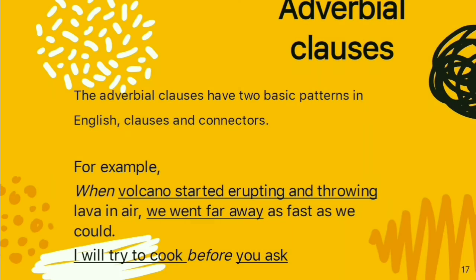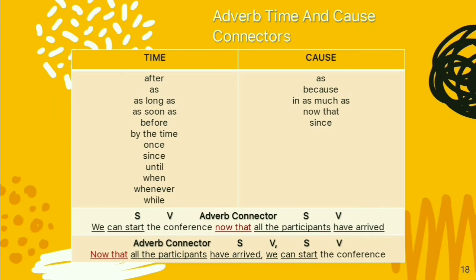The last one is adverbial clauses. Adverbial clauses have two basic patterns in English: clauses and connectors. For example, when volcanoes started erupting and throwing lava in the air, we went far away as fast as we could. I will try to cook before you ask. There are adverb time and cause connectors lists.